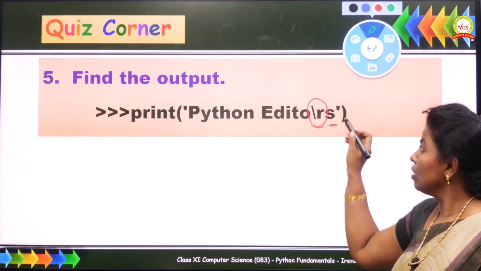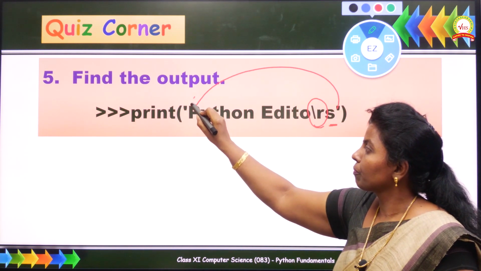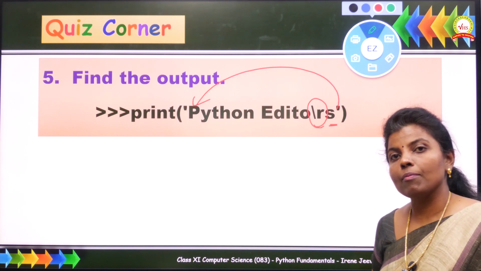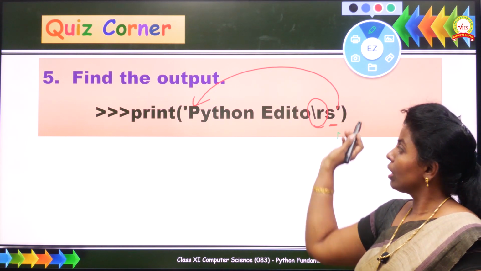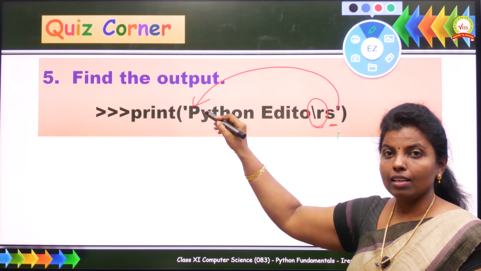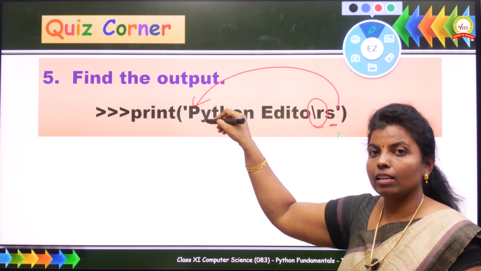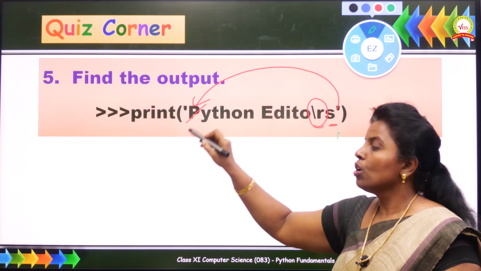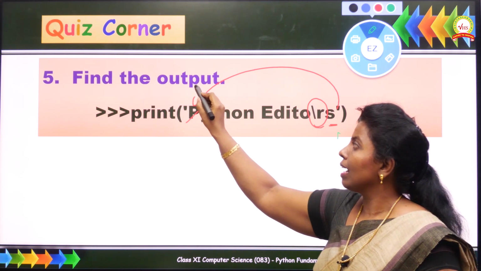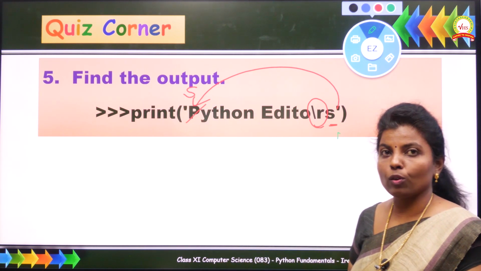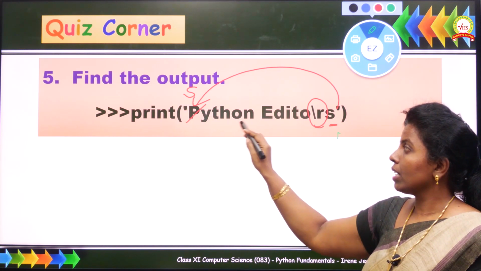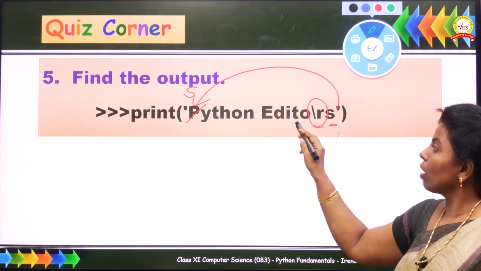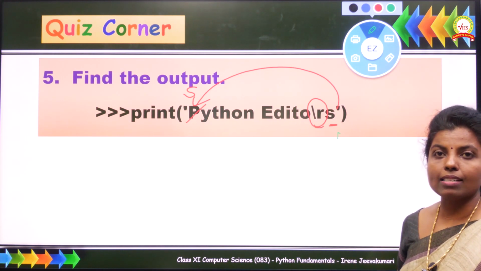Only 1 character, to the beginning of the line, while overwriting the same number of characters. Here only 1 character is there. So that 1 character will be moved to the beginning, and it will be overwriting 1 character. So this P will be overwritten and this S will be printed over here. So what will be printed as the answer? Sython, Edito, that will be printed as the answer for us.